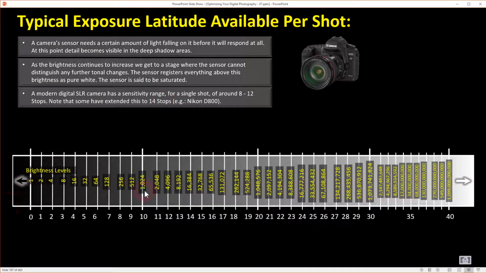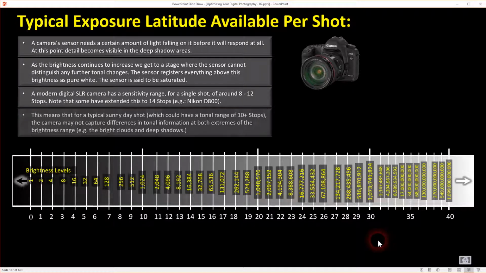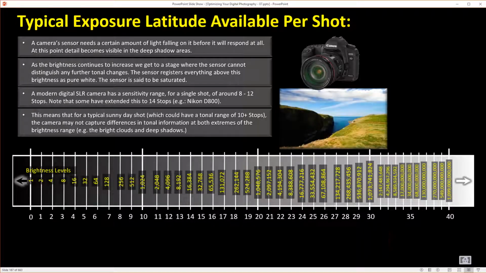So we'll bring our little diagram back again. This means that for a typical sunny day shot, which could have a brightness range within it of 10 stops or more, the camera may not be able to capture the differences in tonal information at both extremes of the brightness range.